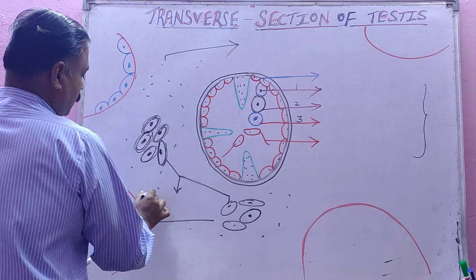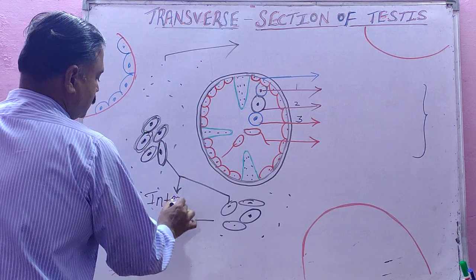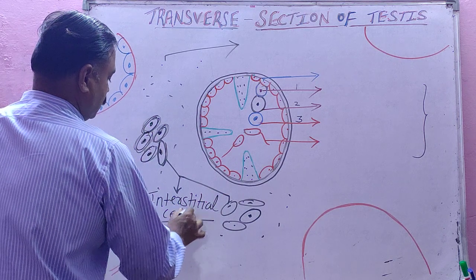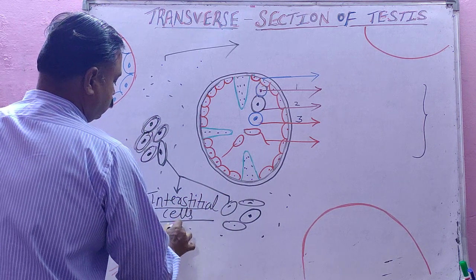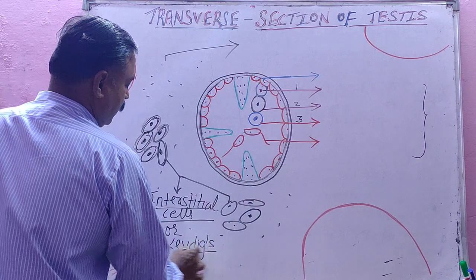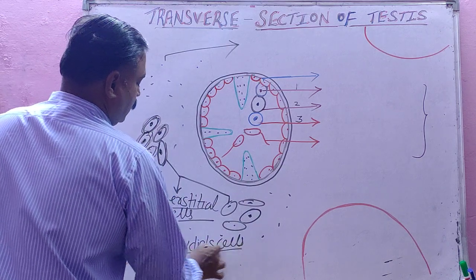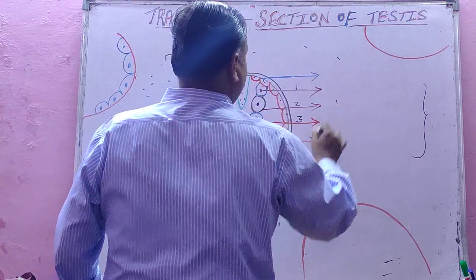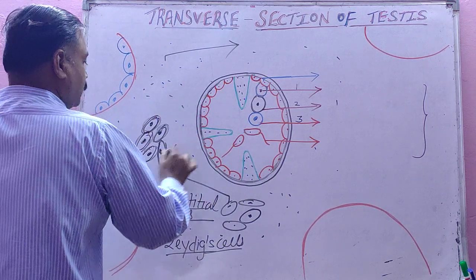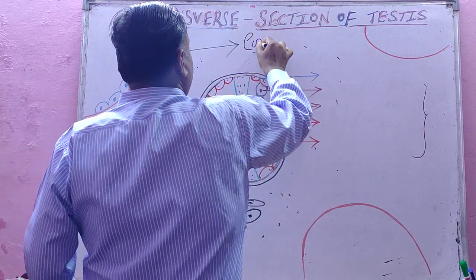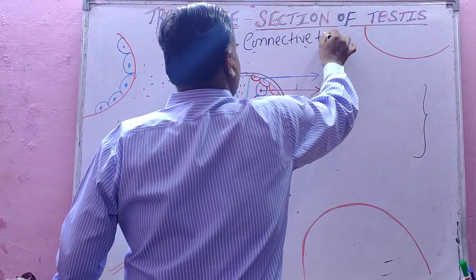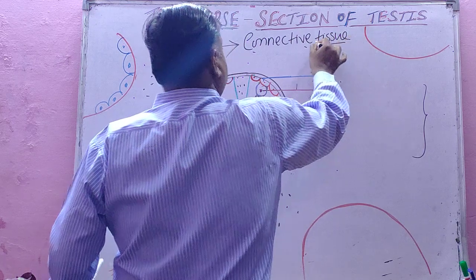Interstitial cells or Leydig cells, student. Leydig cells, and all these are connective tissue, isn't it? There will be no vacuum. These are the connective tissue. Imagine the TS of testis, student.